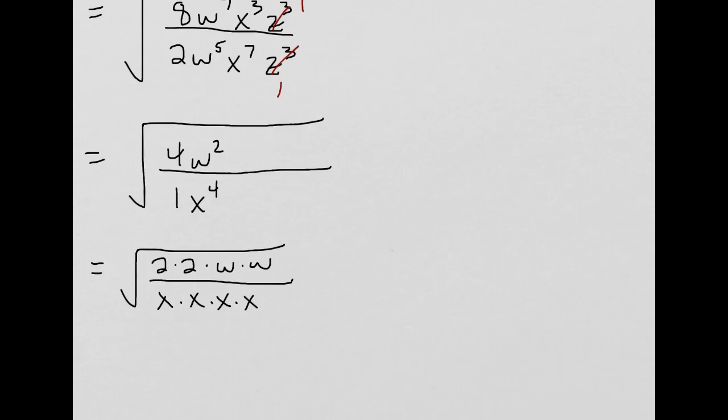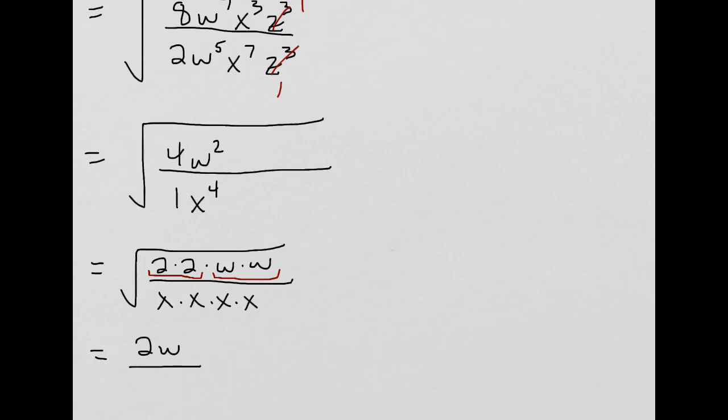So when we look at our 2's, notice there we've got one group of 2 2's. That means I can pull a 2 out. Okay, if we look at our w's, I've got a group of 2 w's underneath my square root. That means I can pull a w out. Okay, on the bottom, let's look at our x's.